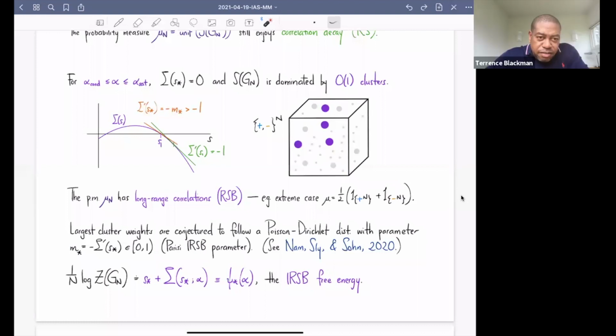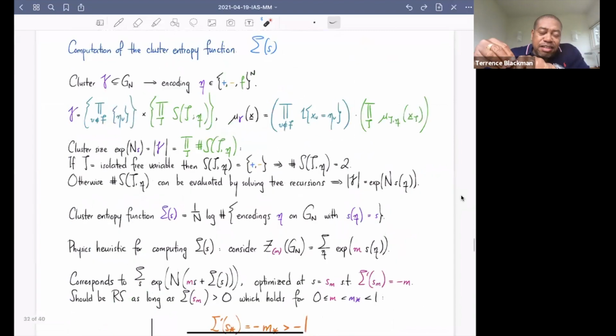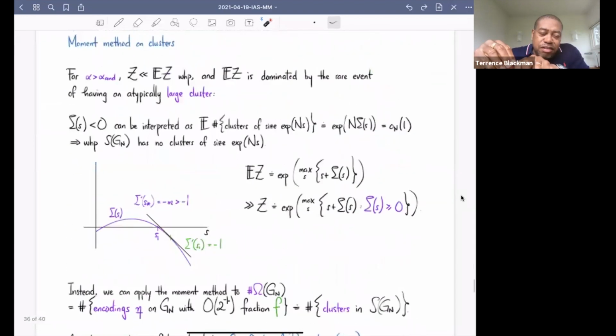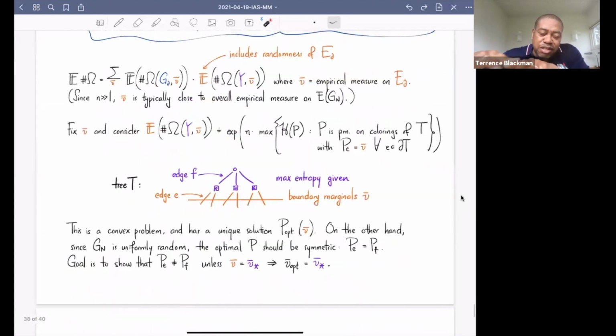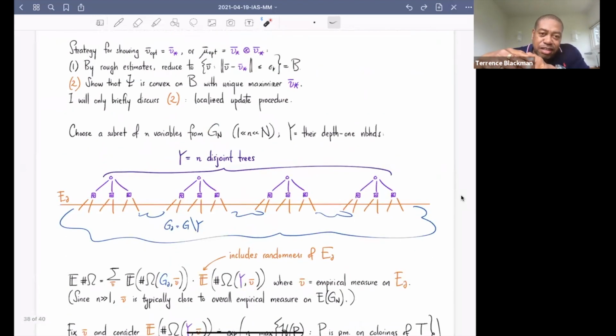Can I ask a naive question? Yeah, sure. In the space where you're choosing a subset of n variables from Gn, what are the constraints on the choices of the n variables that allow you to ensure that the smaller object you're working with is enough?